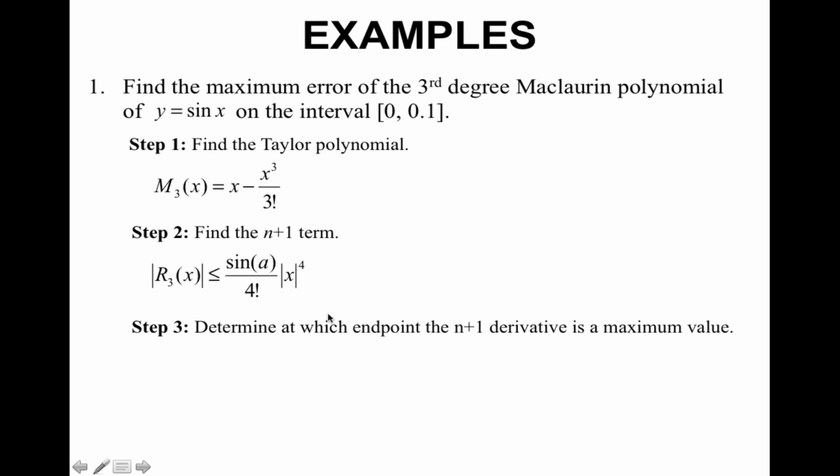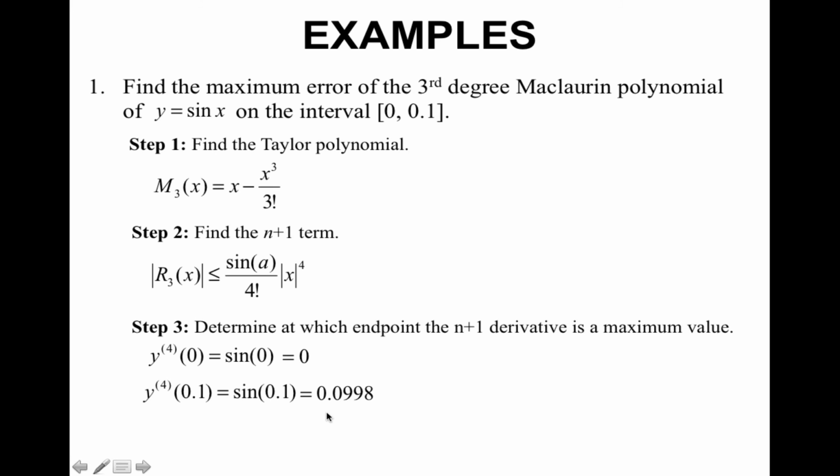Step 3, determine at which endpoint n plus 1 derivative is a maximum value. So that means I'm going to take the 4th derivative at my first endpoint, which is 0, which means sine of 0, which is just 0. And I'm going to take the 4th derivative at 0.1, sine of 0.1 is approximately 0.0998.